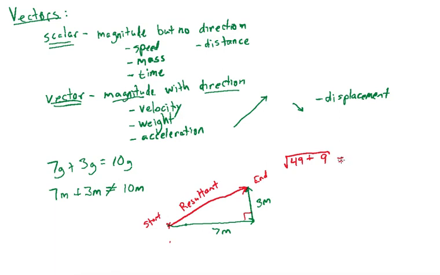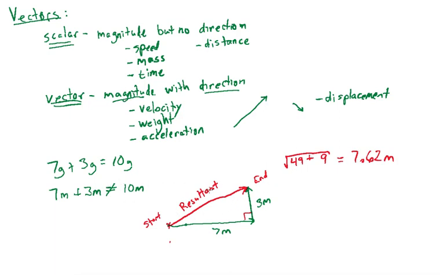I want to get you an exact number, so I grab my calculator: 49 plus 9 gives us 58, and the square root is 7.61577 on my calculator. That would be that many meters, how far away you would be in a straight line from where you started. It would definitely not be 10 meters away.